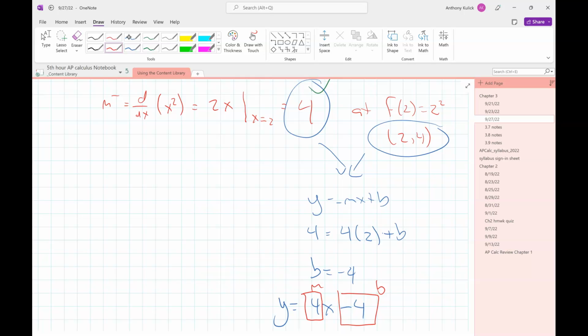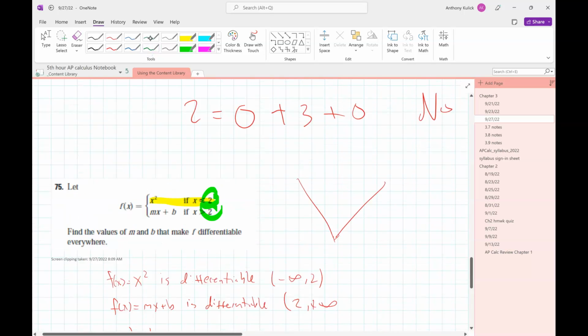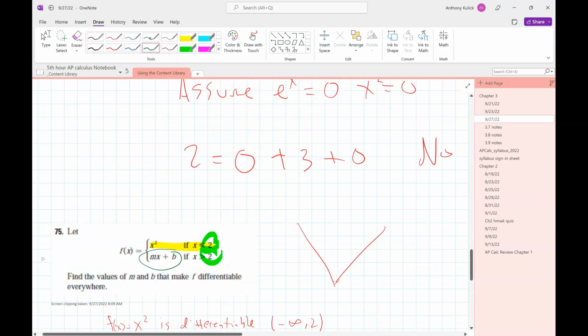Like you just find the derivative of the first one, and then you plug in 2 and see that this one matches. Yeah, I got it. So again, the piece I didn't know anything about was the part with m and b, because I don't know m and b.